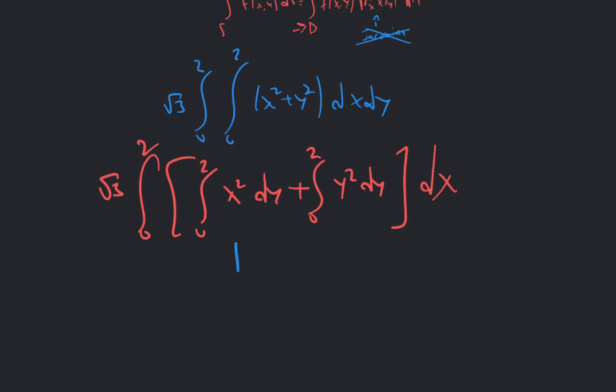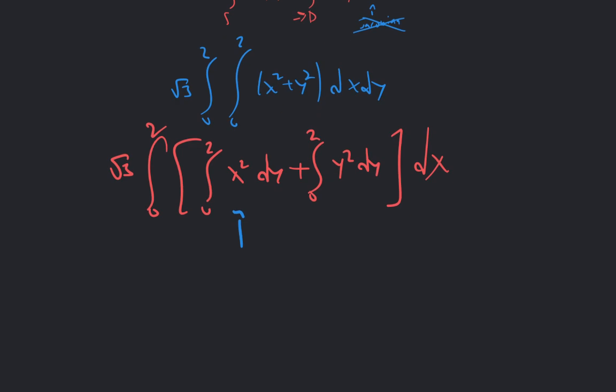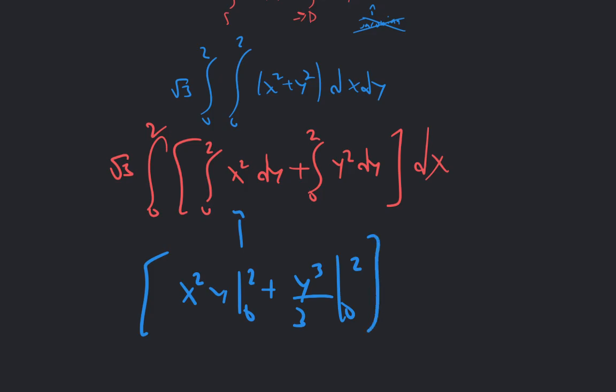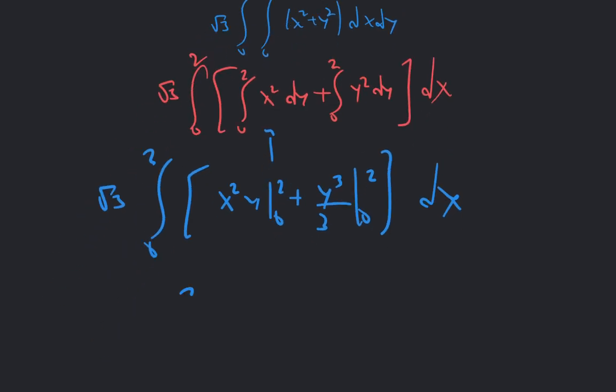So this x squared will be x squared y from 0 to 2 plus y cubed over 3 from 0 to 2, which would be 2x squared plus, and then y cubed, 2 cubed would be 8 thirds.